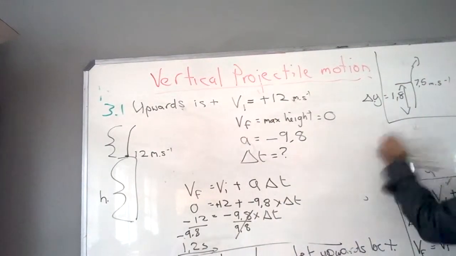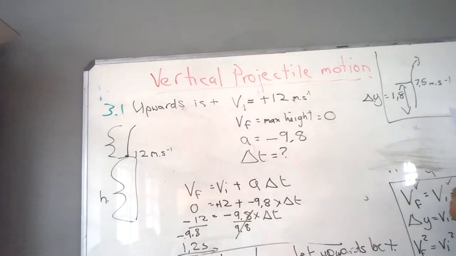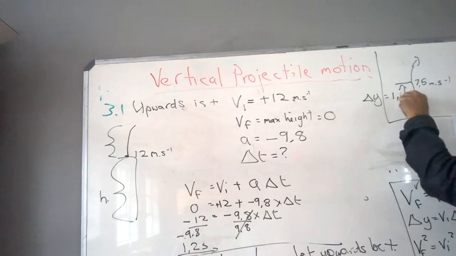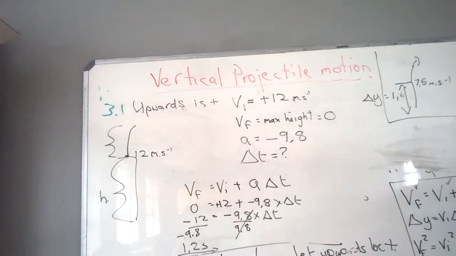So it's 1.6. It's thrown upwards at 7,5. One participant throws the ball upwards at a velocity of 7.5 from a point that is 1,6 meters above the ground. Then they ask 3.2, calculate the time taken for the ball to reach its highest point.